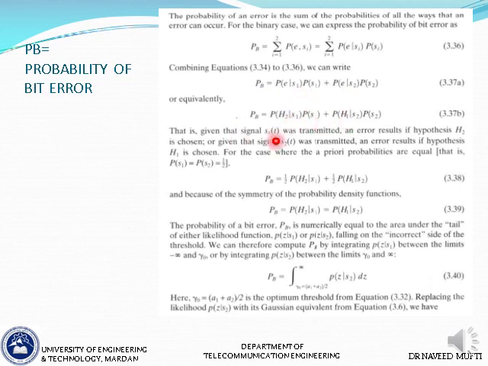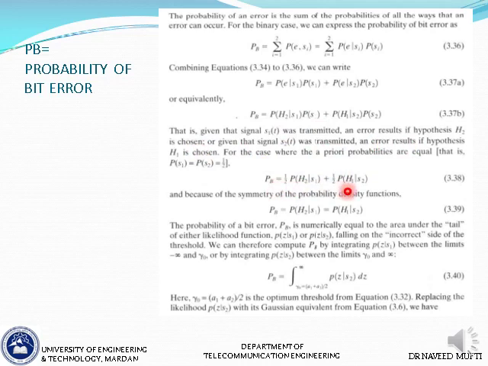So that is, given that the signal S1 was transmitted, an error results if hypothesis H2 is chosen, or given that signal S2 was transmitted, an error results if hypothesis H1 is chosen. For the case where the a priori probabilities are equal, this can become simplified.